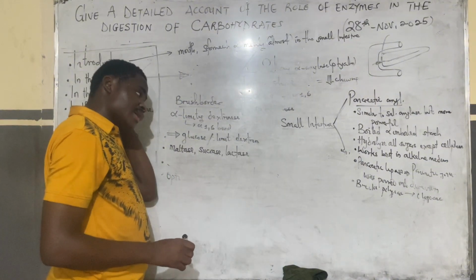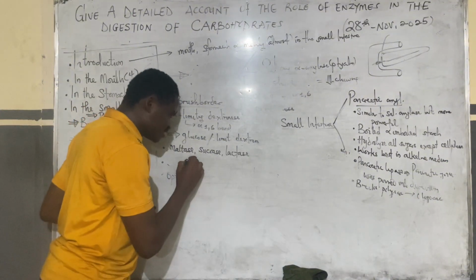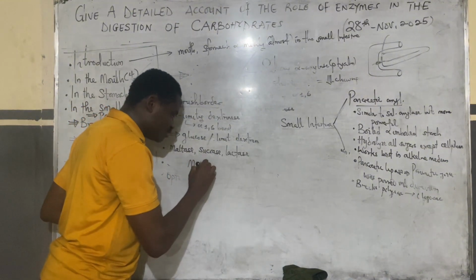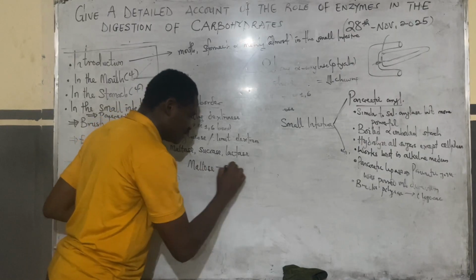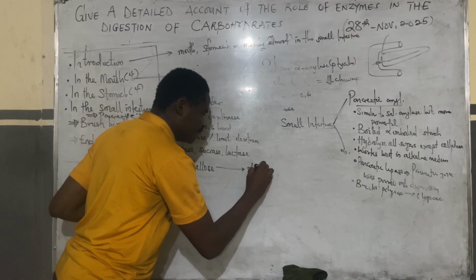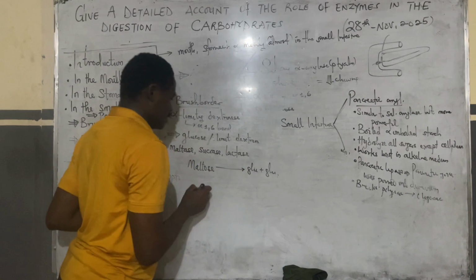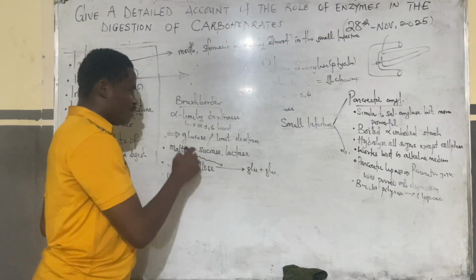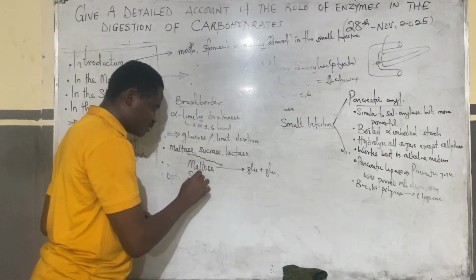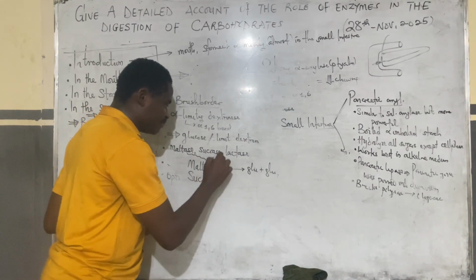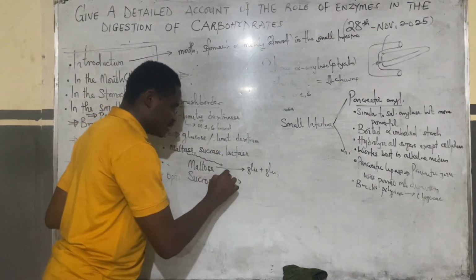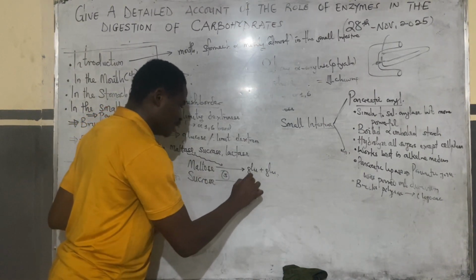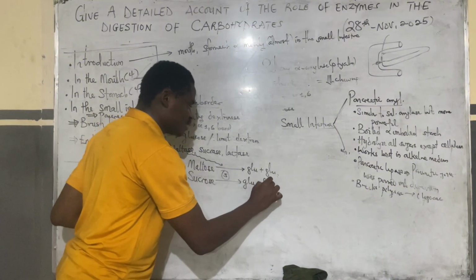Okay? Now let's take it from there. What does maltase do? Maltase will break down maltose to give you glucose plus glucose. What about sucrose? Sucrose is acted upon by sucrase to form glucose plus fructose.